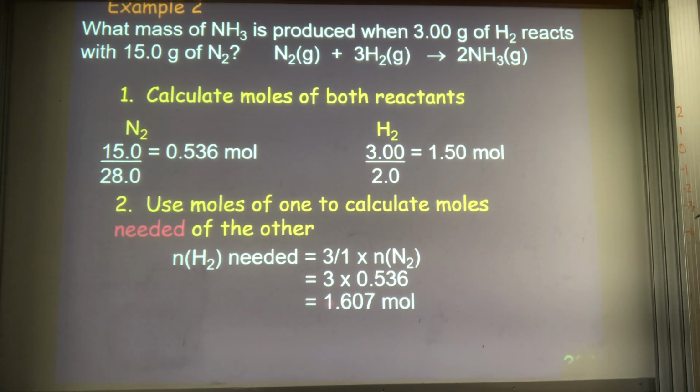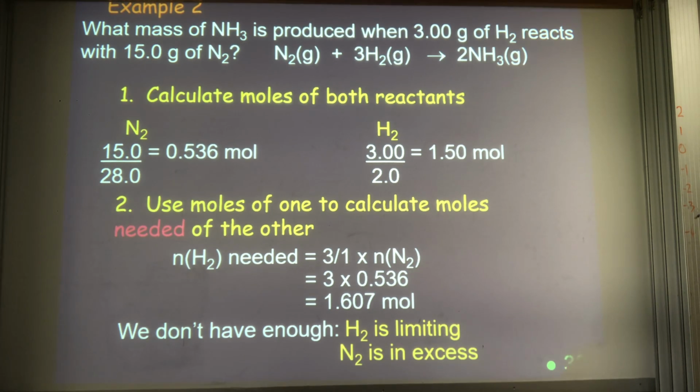And we see we need 0.1607 moles of hydrogen. We've only got 0.150. We don't have enough hydrogen to react with all the nitrogen. Hydrogen is limiting because we don't have enough of it. That means nitrogen is in excess.